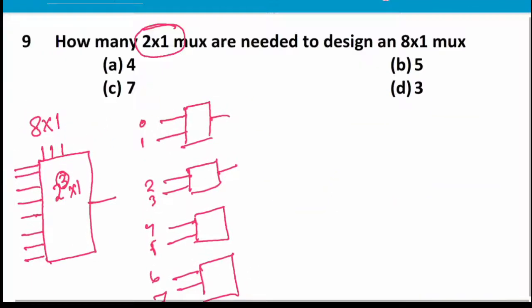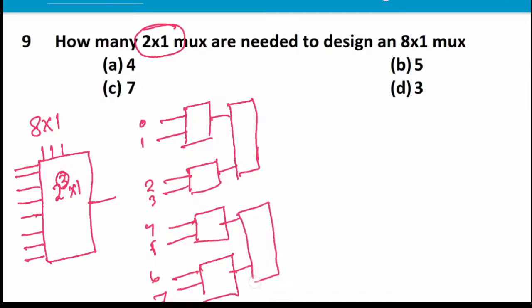We have designed 8 inputs, and here we have 4 outputs from 4 2x1 multiplexers. So we need 1 output. What we have to do is use another 2x1 multiplexers, so that we have reduced the outputs from 4 to 2. Now we have to use another 2x1 multiplexer, so that we will get the final 1 output.